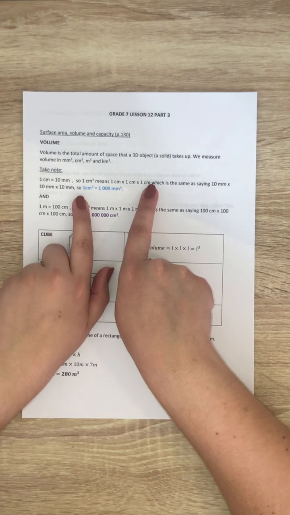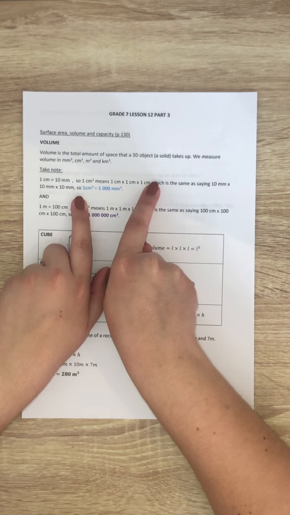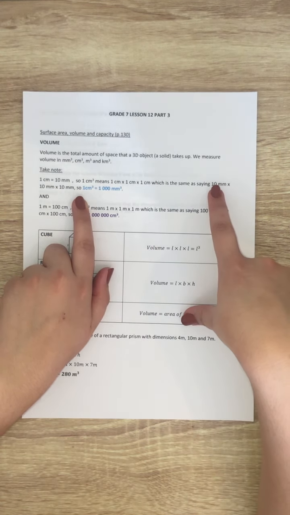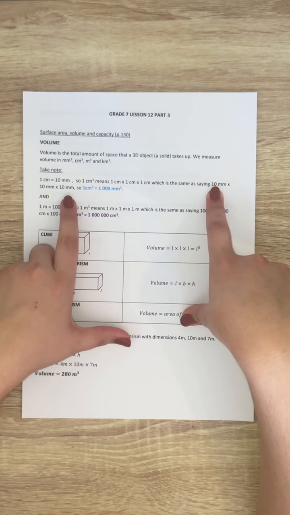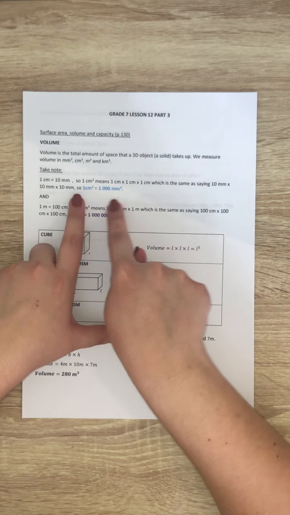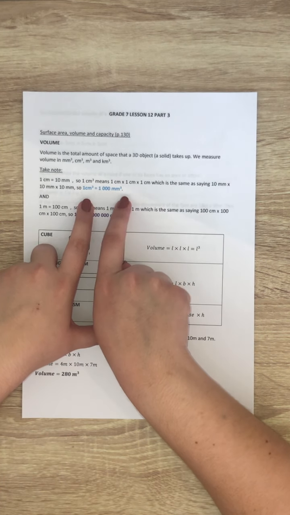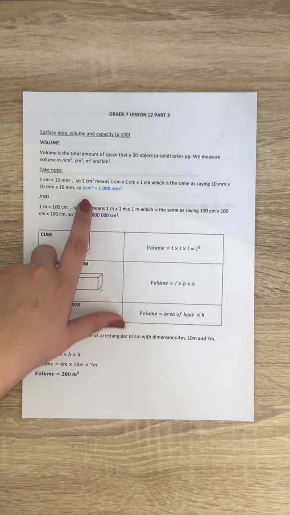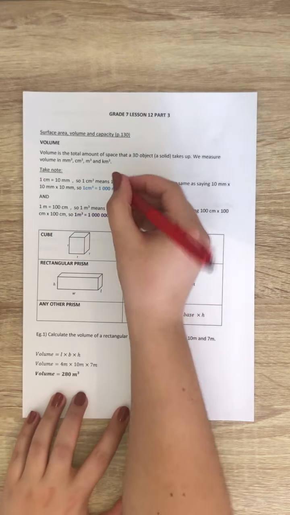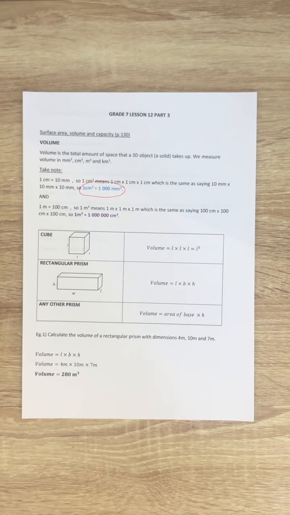So therefore, we know that 1 centimeter cubed is equal to, then 10 times 10 is 100, times 10 is 1,000. So take note of this. 1 centimeter cubed is equal to 1,000 millimeters cubed. So that is very, very important, that little conversion over there.